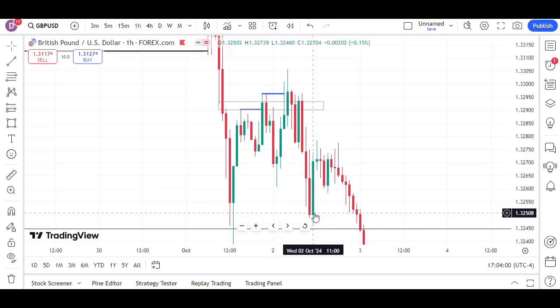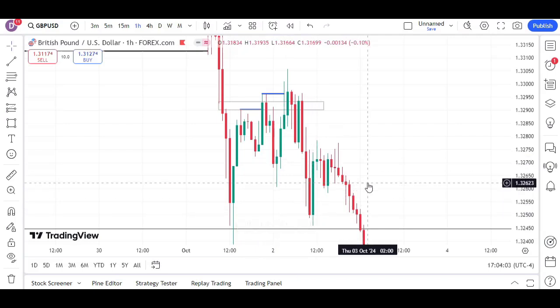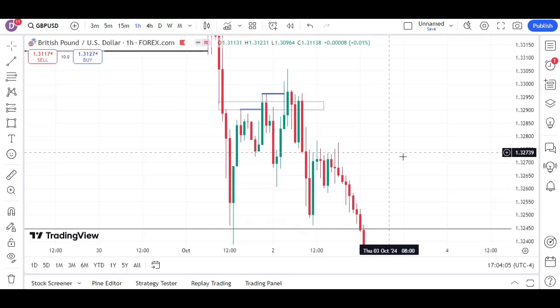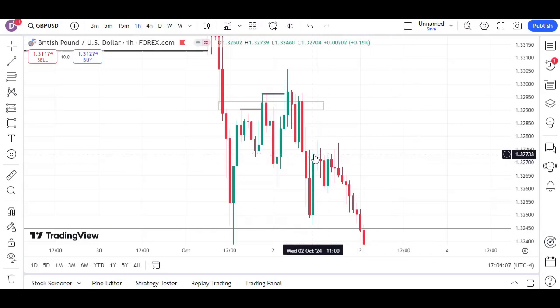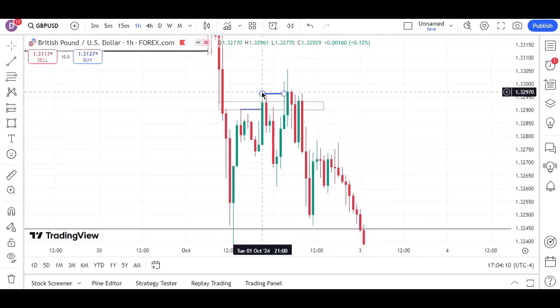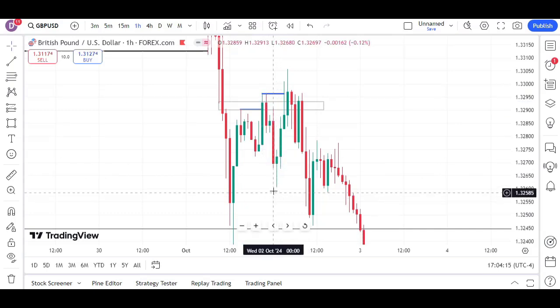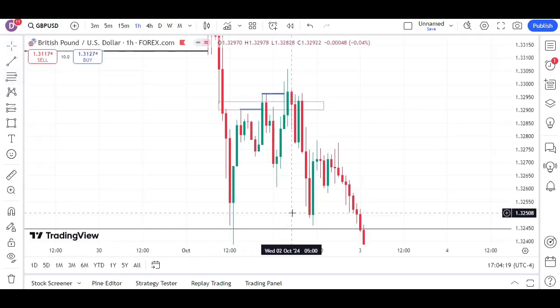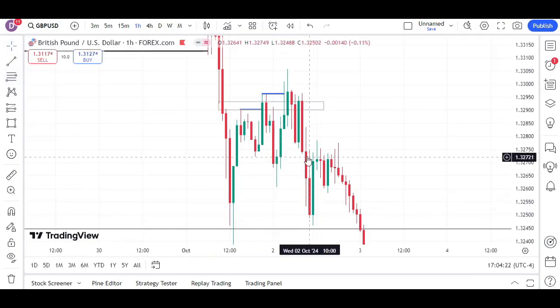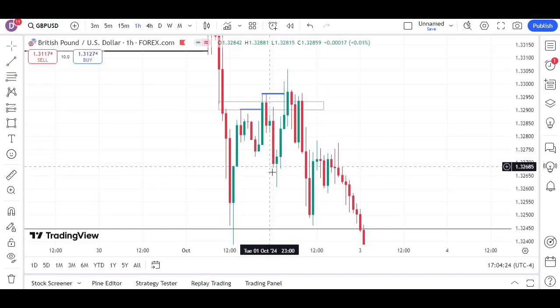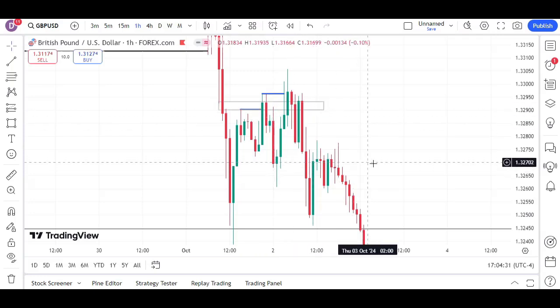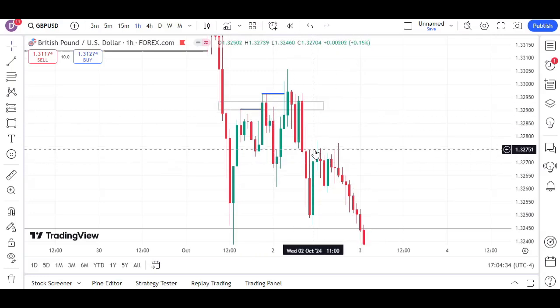The moment we had that, it was hinting to me that something is about to happen. So right here we have this high, this low, and this higher high, and then we have a lower low. From this point, this bearish candle is a breaker, an ICT breaker.